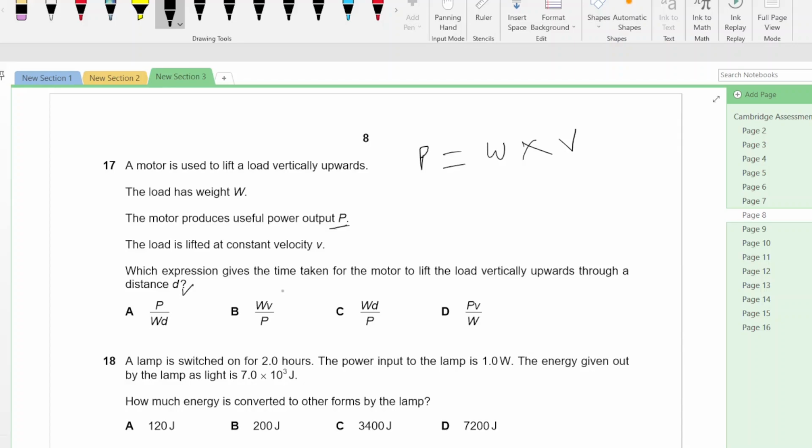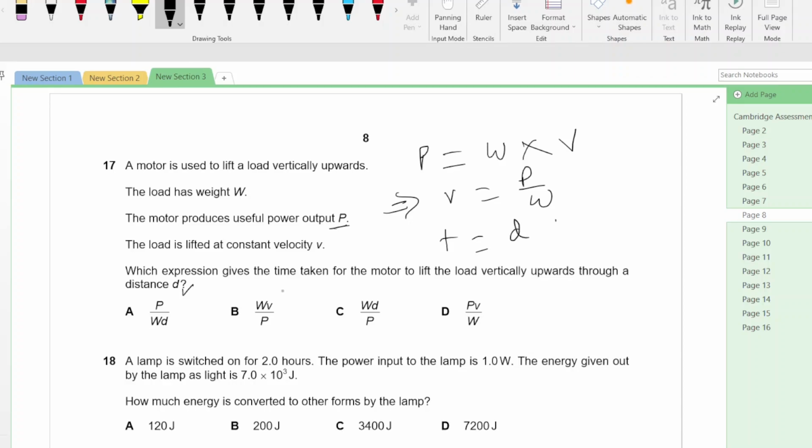Therefore, velocity equals P by W, and time equals distance by velocity.